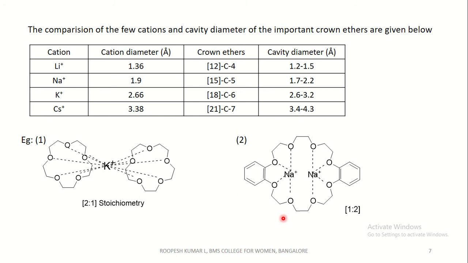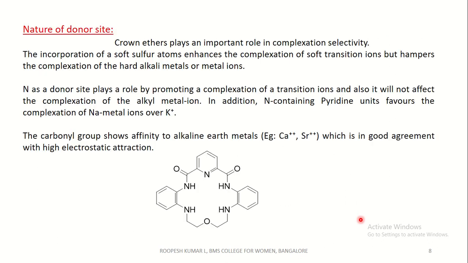Coming to the second example, this is a dibenzo-24-crown-8, and you can see there is only one crown ether but 2 metal cations, hence the stoichiometry is 1:2. Here 2 crown ethers bind 1 metal ion, whereas here 1 crown ether binds 2 metal ions, hence it is called 1:2 stoichiometry.